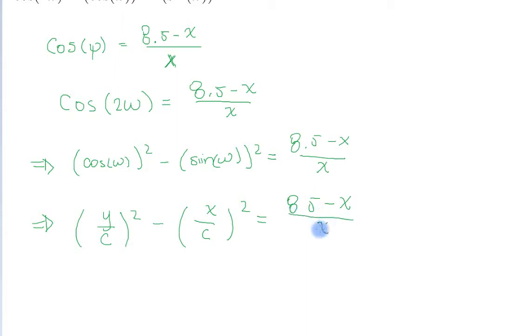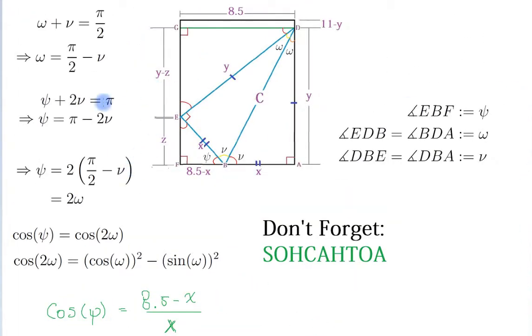But notice that y by the Pythagorean theorem is what? Well, Pythagoras says x squared plus y squared equals c squared, so that means that y equals the square root of c squared minus x squared.